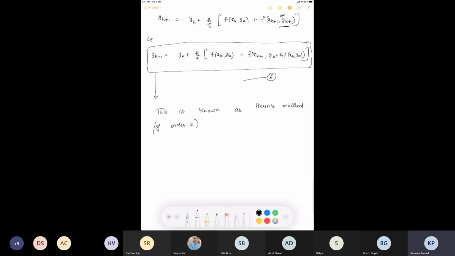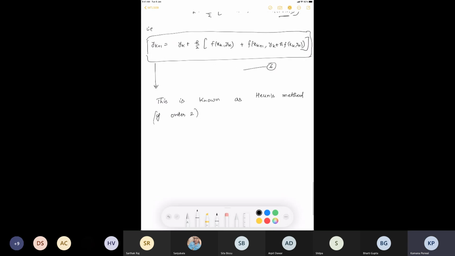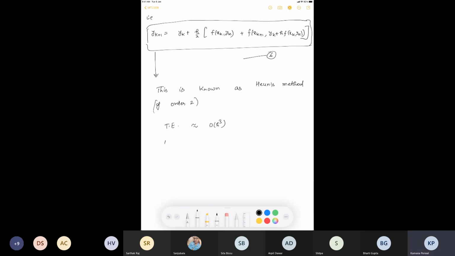For this method again, it can be checked that the truncation error is going to be of order h cube, right? So the global error is going to be of order h square.